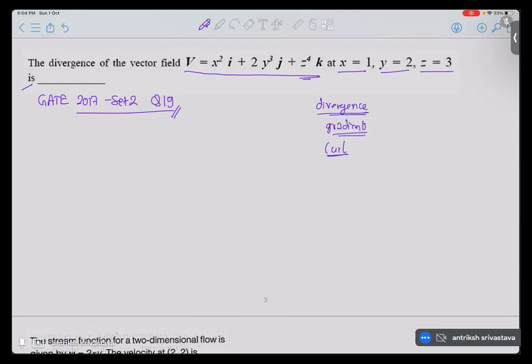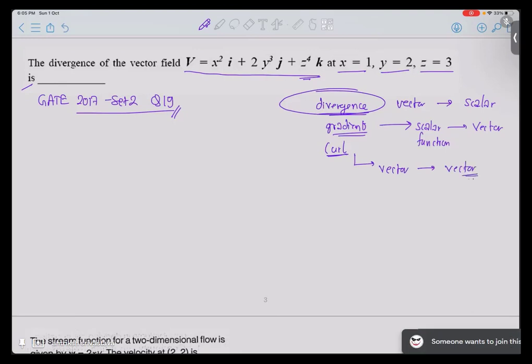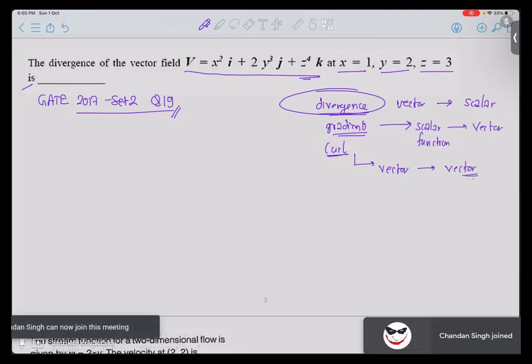Divergence is done for a vector to convert it into a scalar. Gradient is done for a scalar, specifically a function, to convert it into a vector. And curl is a cross product, basically for a vector to another vector. If you know these things, then it is easier for you to solve this question.